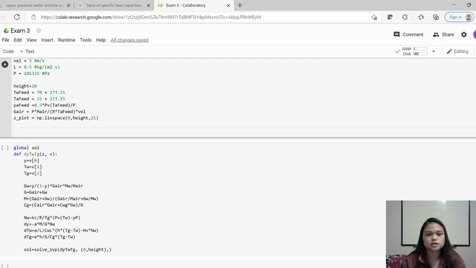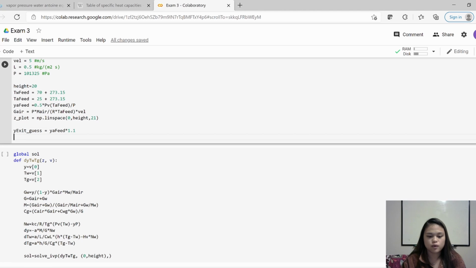So we want to put the guess that we have for the exit mole fractions, which will be a feed multiplied by, let's say, a factor of 10%, so 1.1.